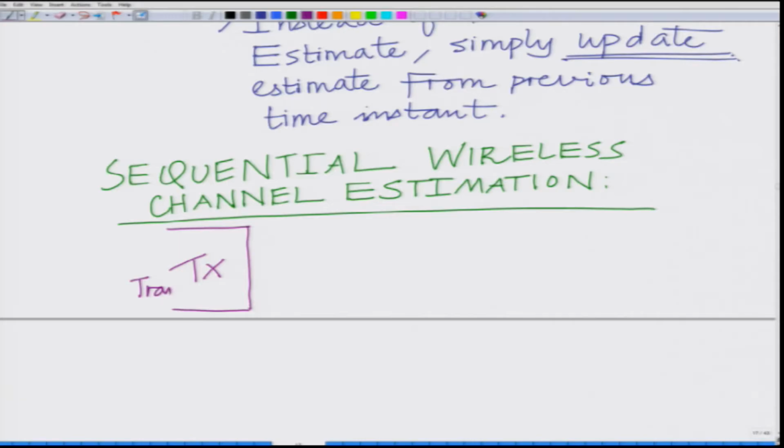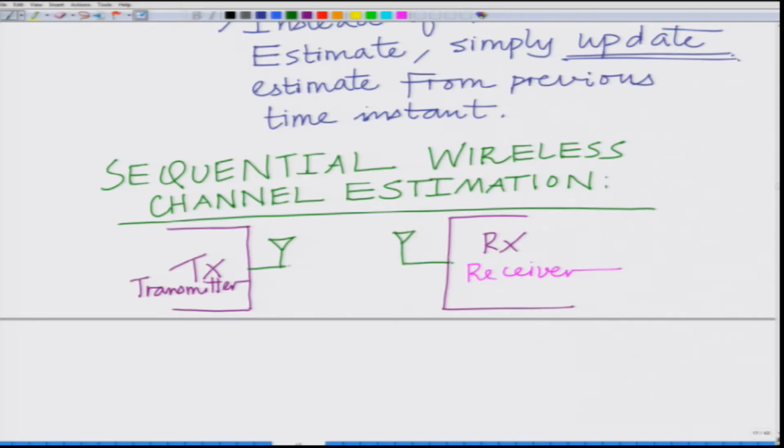Remember, in wireless channel estimation, we have the transmitter and the receiver. Let us consider the simple scenario where we have a single transmit antenna and a single receive antenna.